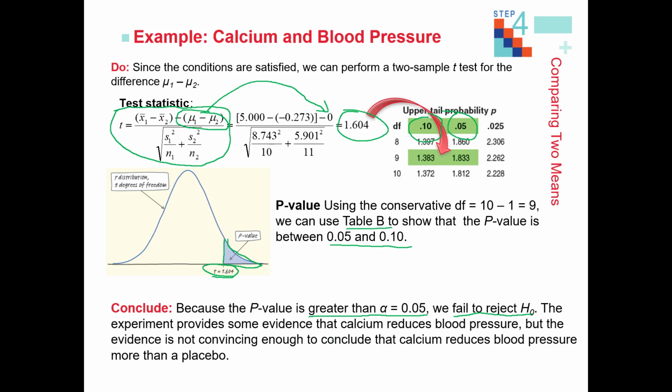So the experiment provides some evidence that calcium reduces blood pressure, but the evidence is not convincing enough to say that it reduces blood pressure more than a placebo. Okay, so that difference, we cannot say that that difference is greater than 0.